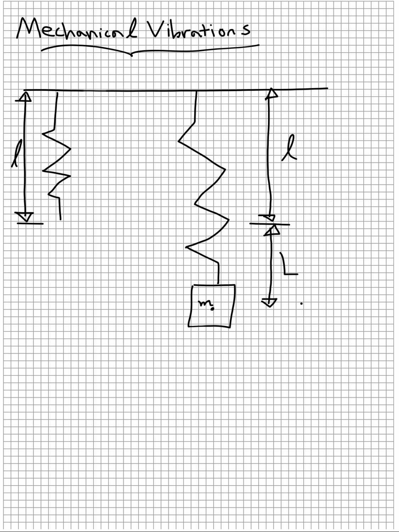We will call the equilibrium position the position of the center of gravity for the object as it hangs on the spring with no movement. A few other things I'm going to designate: this will be the equilibrium position, u equals 0. And I'm also going to designate the positive direction as downward motion. That's another key thing you need to note down for these mechanical vibration problems.